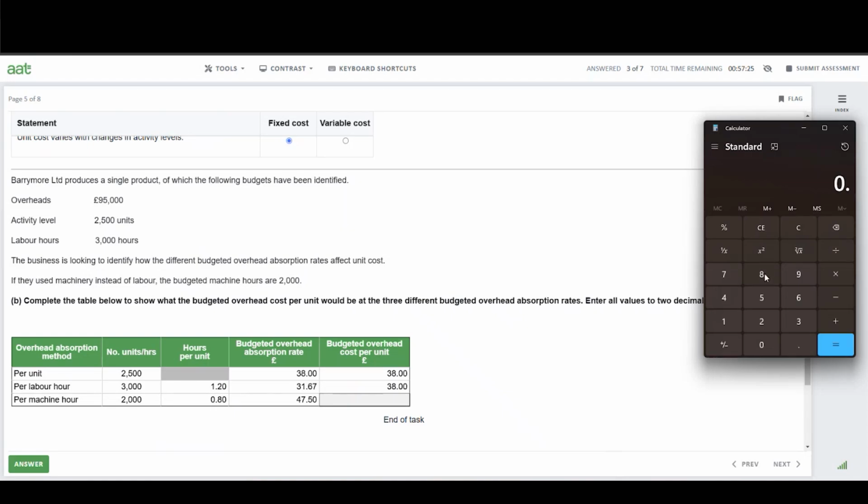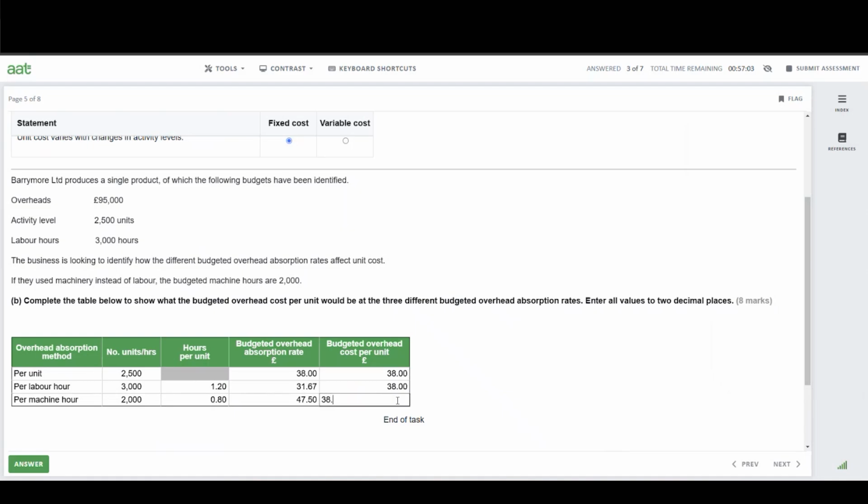So 0.8, which is the number of hours of machine time it takes to make 1 unit, multiplied by our budgeted overhead absorption rate per machine hour, times by 47.50, gives us £38 again, £38 to 2 decimal places.